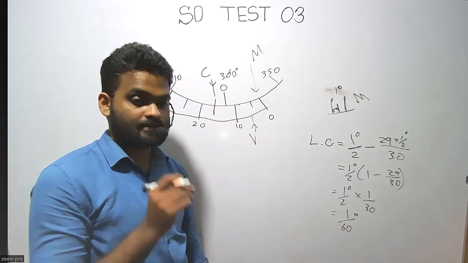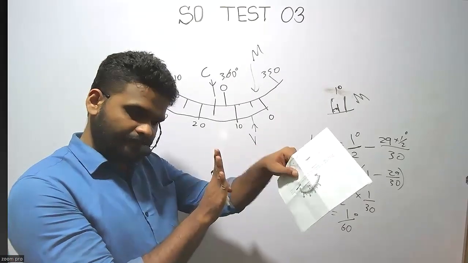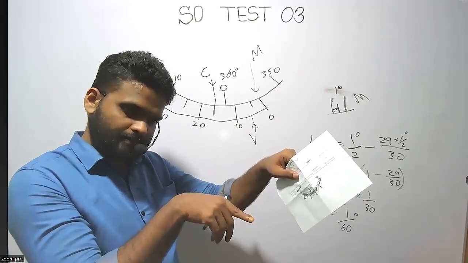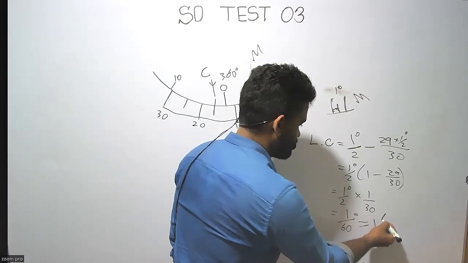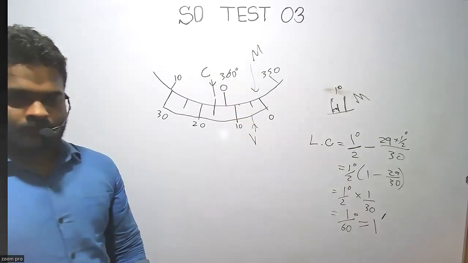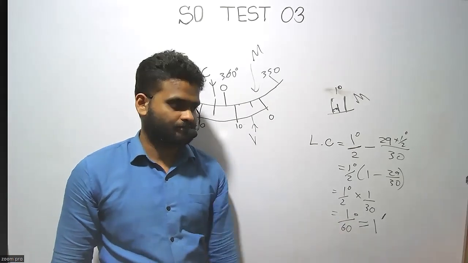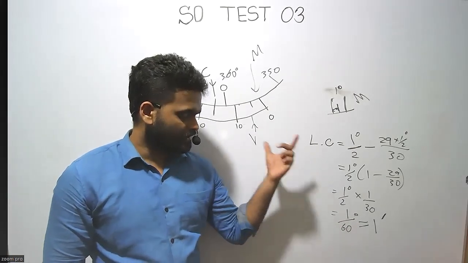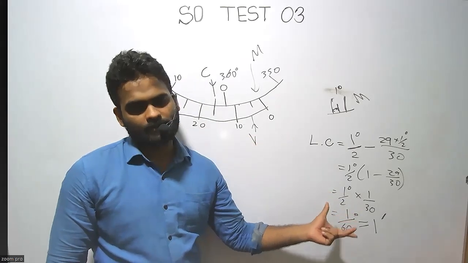So what is a 1/60th of a degree? It is 1 minute, right? When you take 1 degree and divide it into 60 parts, one part is equal to 1 minute. You have learned this in all levels, right? This is 1 minute. These will be very useful in optics, right? See that.